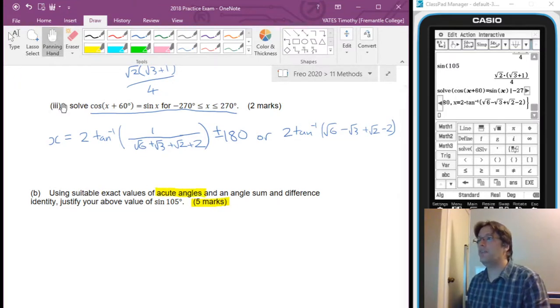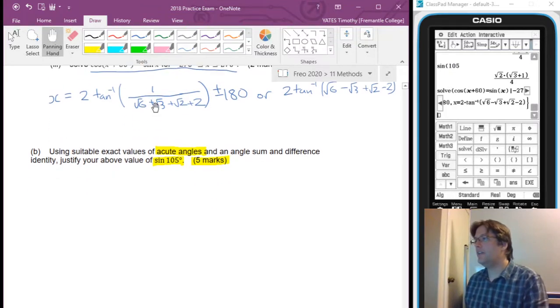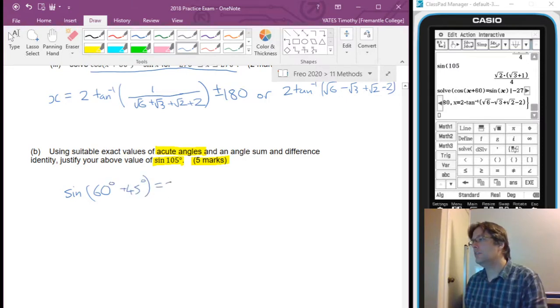This is a lot of marks for a not very difficult question if you know your angle sum formulas. How can we justify sine 105? If you recognize that sine 105 is actually sine of 60 degrees plus 45 degrees, that's sine 105.